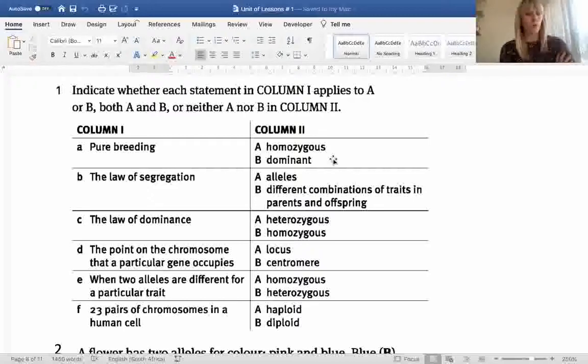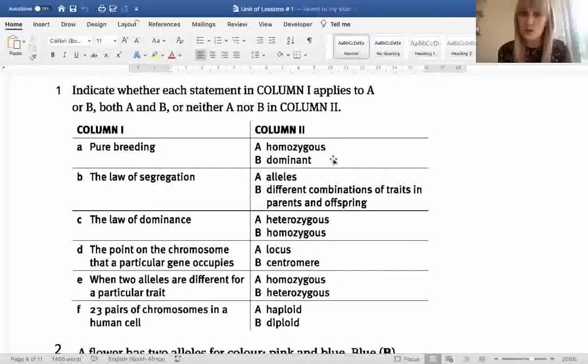D, the point on the chromosome that a particular gene occupies. That's definitely not a centromere. The answer is a locus. More than one, loci. E, when two alleles are different for a particular trait. Are they homozygous or are they heterozygous?